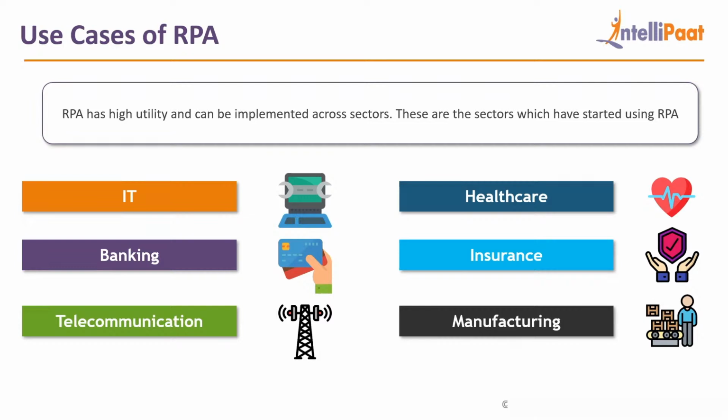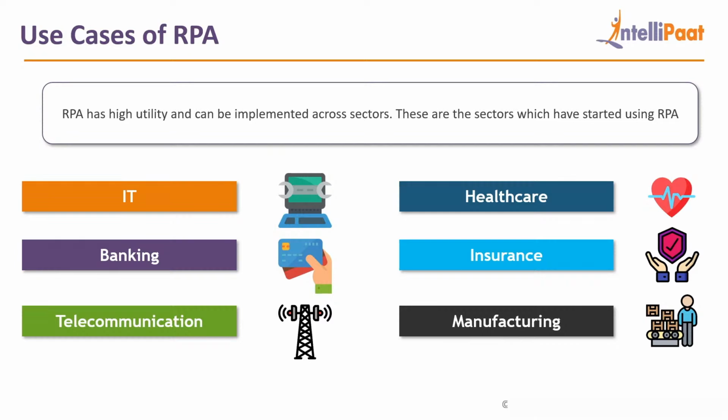Every industry is using it because it eliminates so many repetitive tasks that it becomes much more efficient, and a robot does not make errors. So you eliminate the possibility of error as well, and you make the entire system more robust, more profitable, and that is something desirable by every single organization in the world. So that is the basic idea of what RPA is, how it is used, and where it is used.